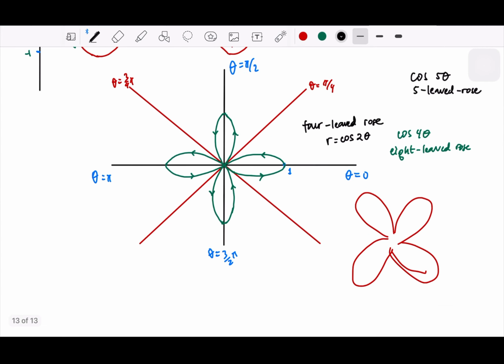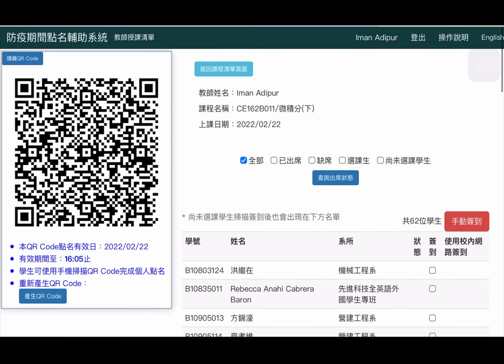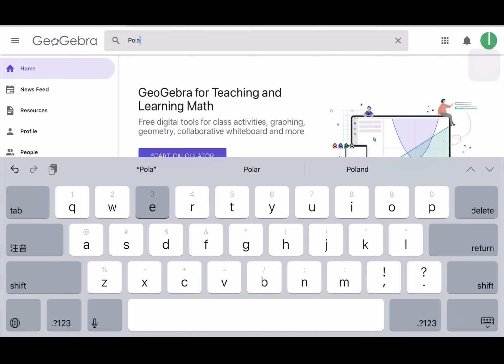Okay, another way, if you would like to check on your own, like maybe some functions you get from a textbook or from elsewhere, let me show you, go to GeoGebra. I think you can check the polar curves.